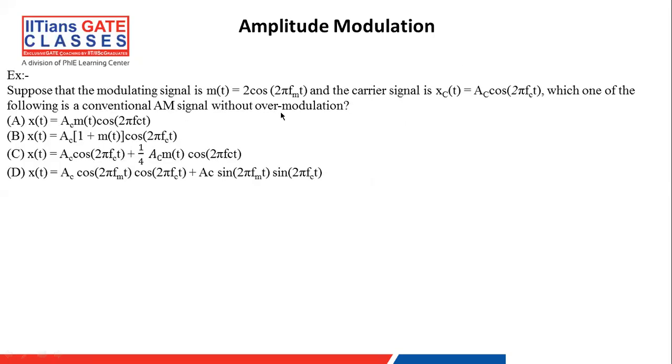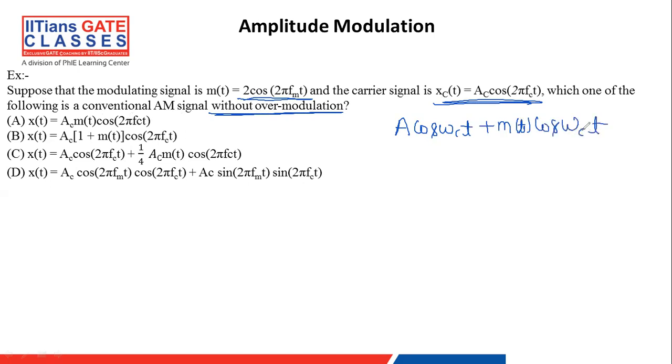Now let's take an example. Here we are given a message signal m(t), which is this one, and we have a carrier which is this one. We need to find out which of the following signals is the AM signal without over modulation. We know that the AM signal looks something like this: A cos omega c t plus m(t) cos omega c t.